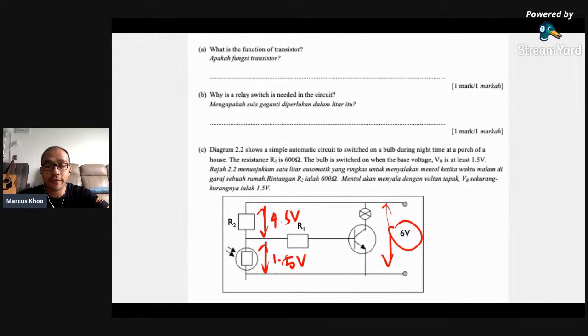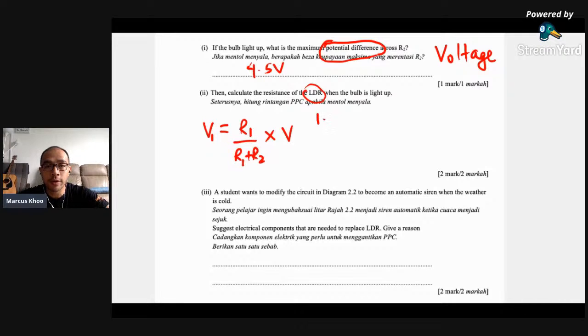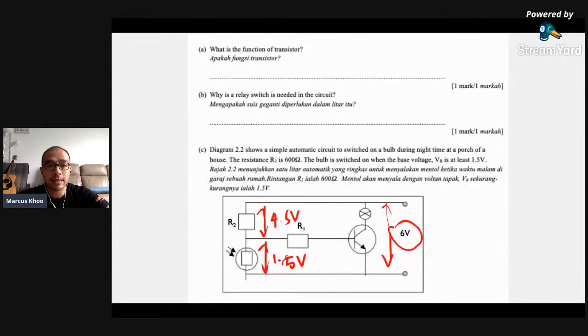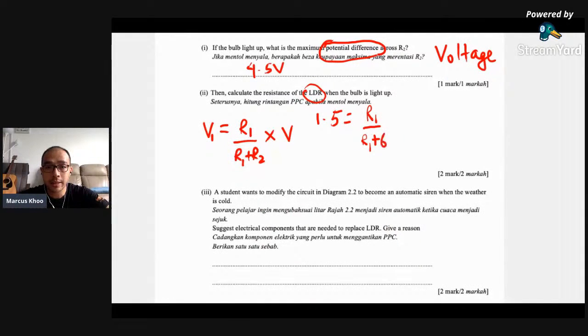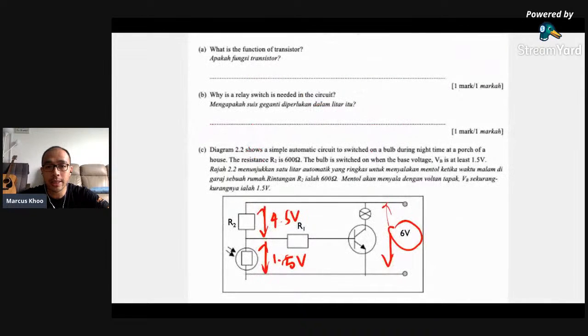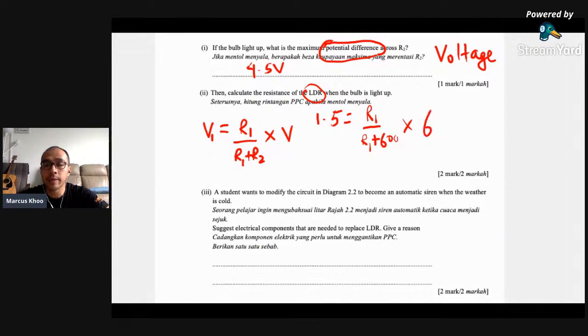It is 1.5. So this will be 1.5 equals the resistance of the LDR over the resistance of the LDR plus R2. How much is this R2? 600, times the maximum voltage, which is 6.